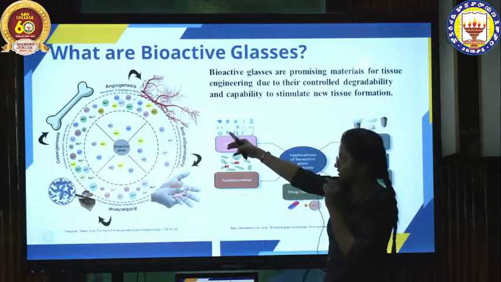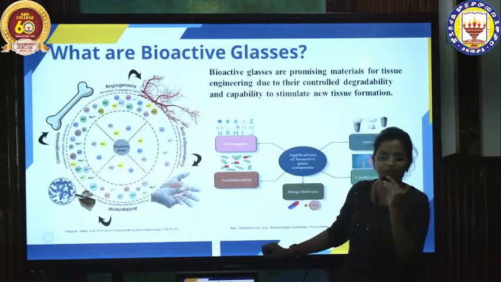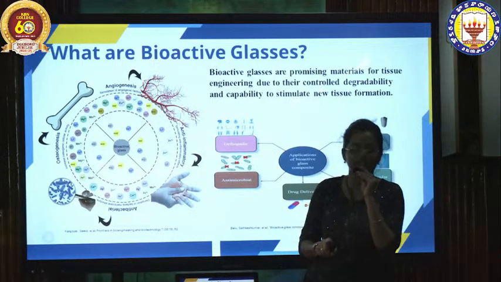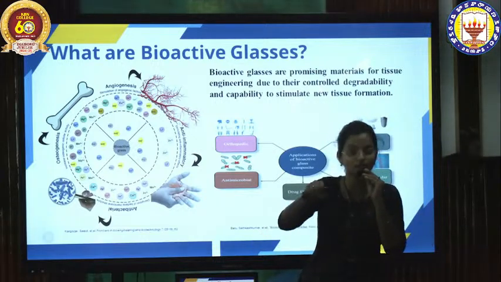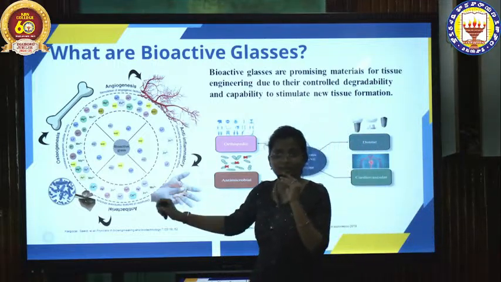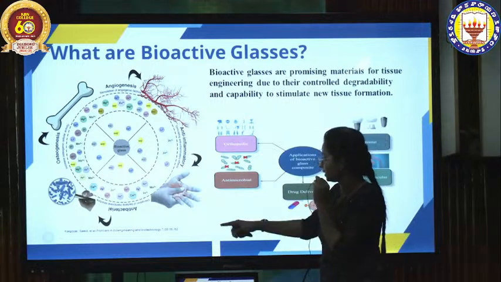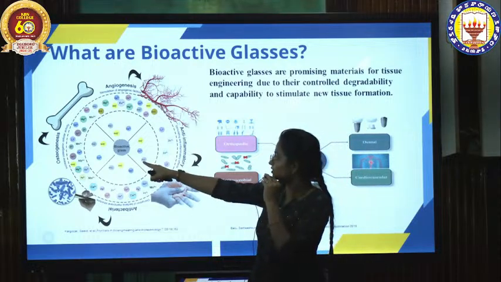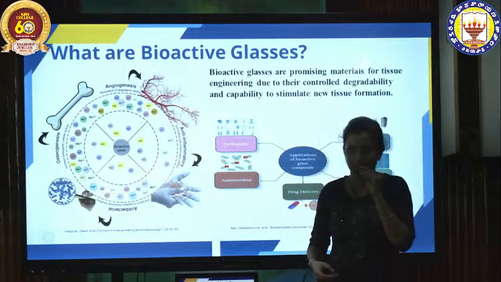They are anti-inflammatory, in the sense they do not cause much damage to our cells when incorporated within the body. Also, they are antibacterial in nature, so there is no cause of future problems. And they promote osteogenesis.